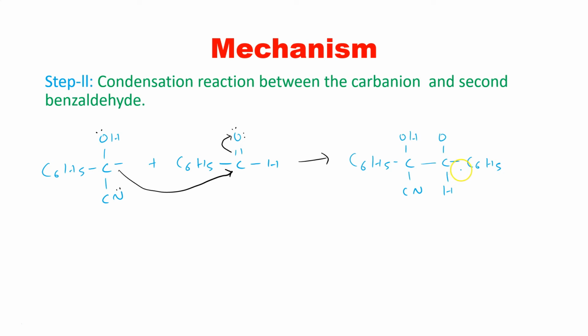Now it has formed a condensation of these two products, and after the condensation, there will be a proton shift. This oxygen now has 3 lone pairs of electrons, and further there will be a proton shift.